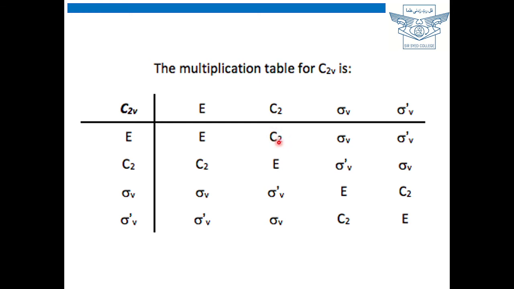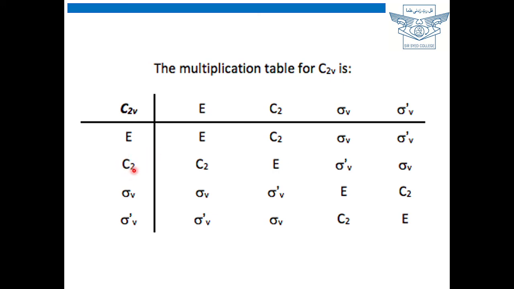If you perform identity, then sigma V, you will end up in sigma V only because identity is doing nothing. And identity followed by sigma V prime, you will end up in sigma V prime.